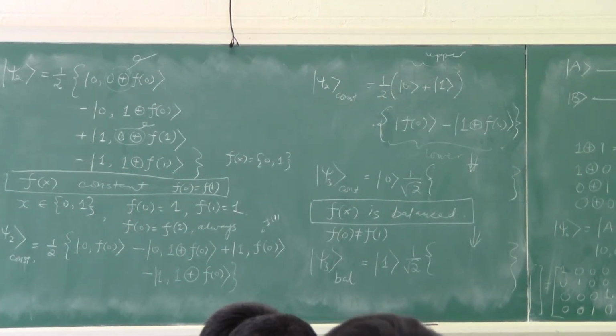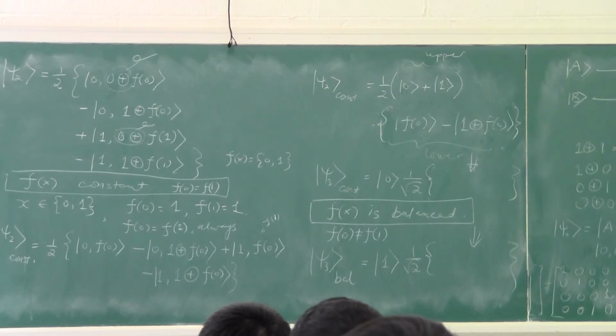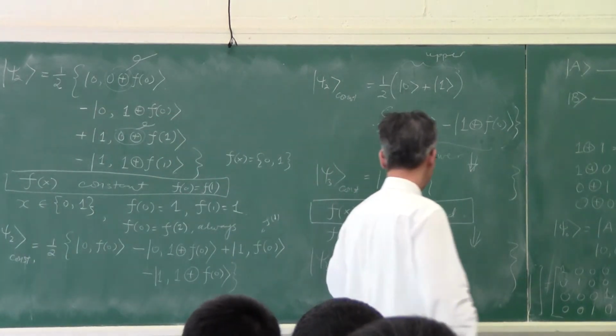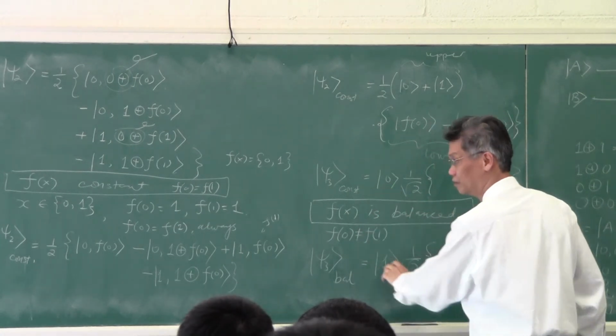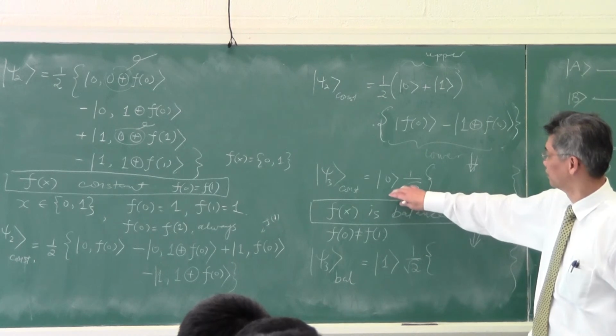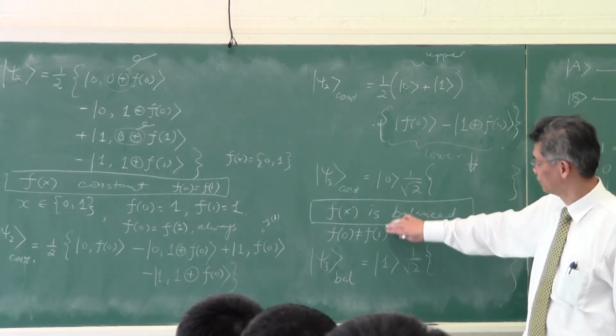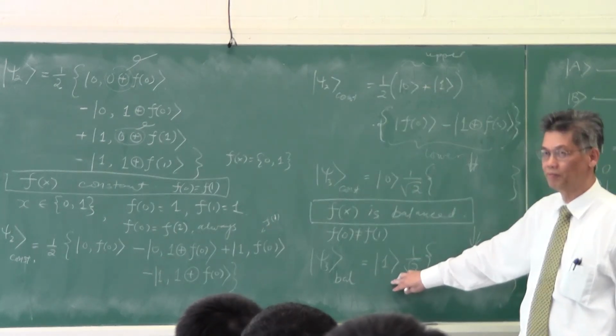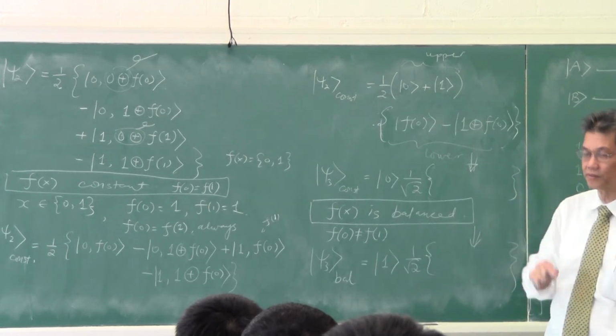But then, just with one operation at this stage, you can figure out whether it's balanced or constant by just looking at the state of the first bit. The state of the first bit tells you if f is a constant function or a balanced function, just with one operation.